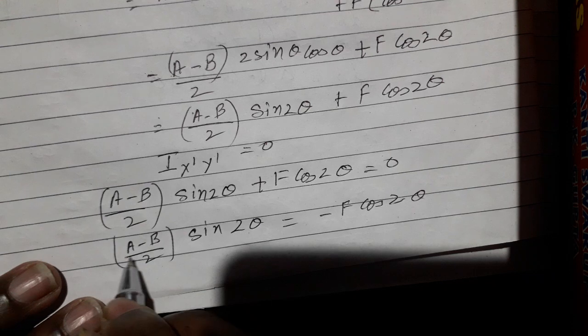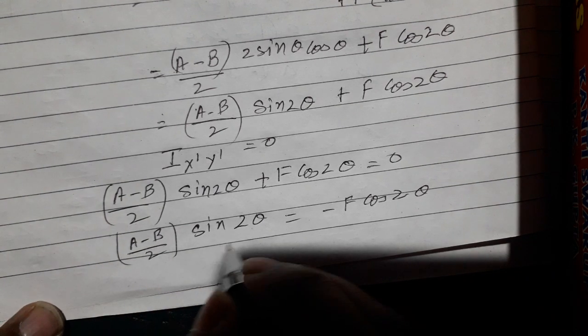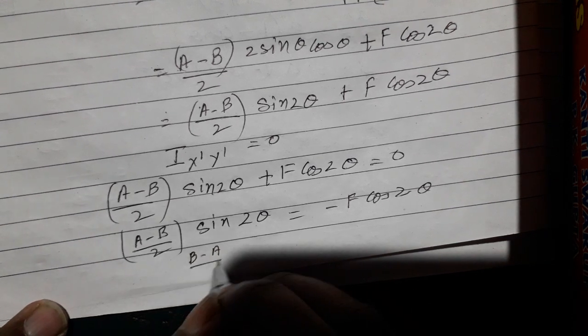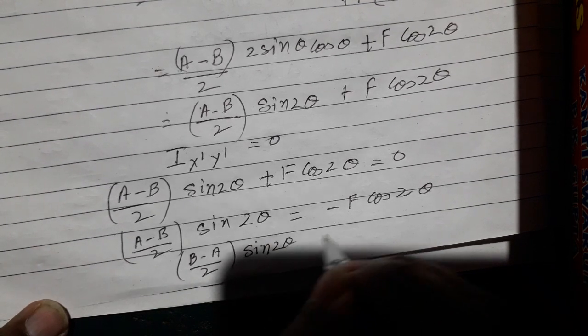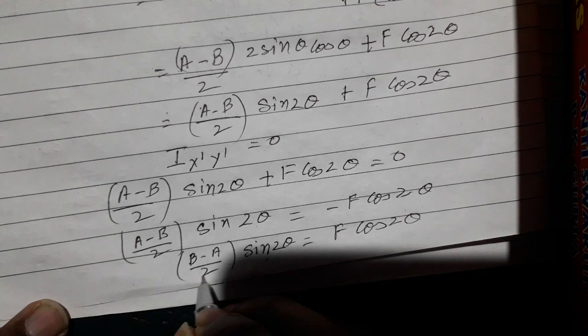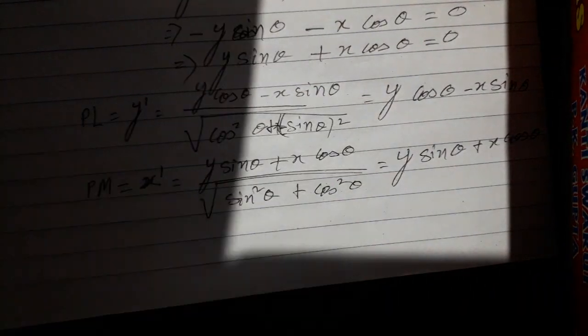Multiplying by minus, we get (B minus A) by 2 sine 2 theta equals F cos 2 theta. Bringing cos to this side and multiplying across, we get tan 2 theta equals 2F by (B minus A).